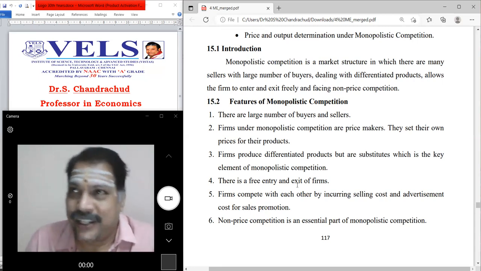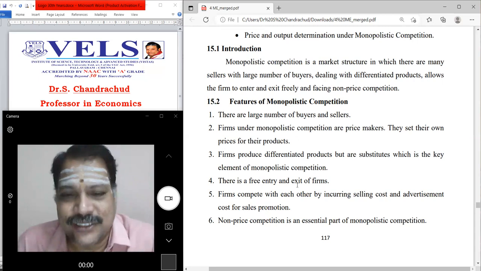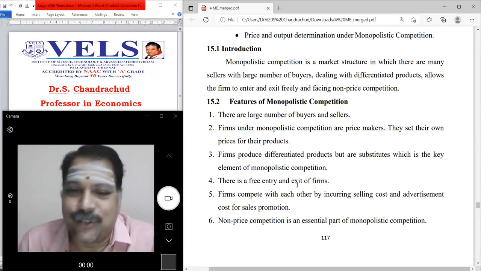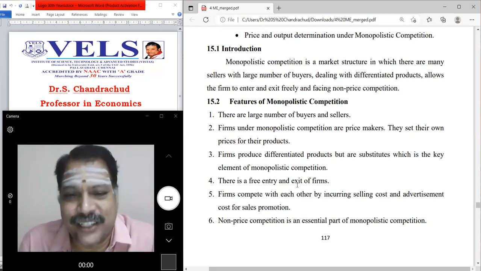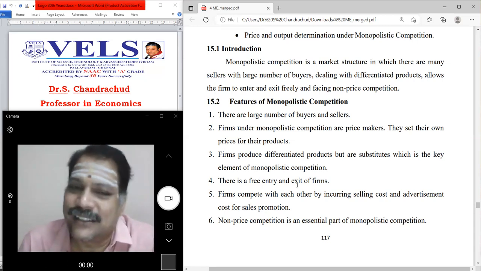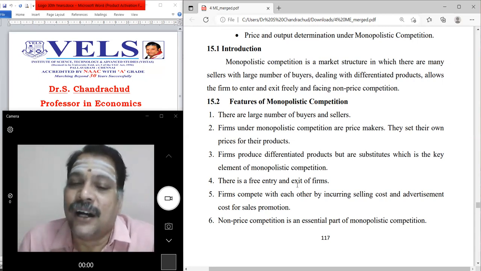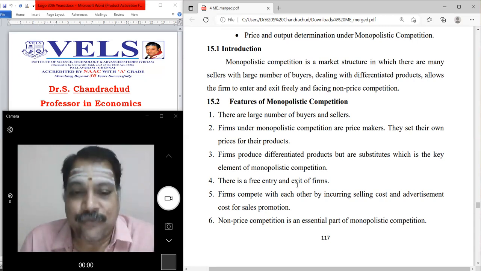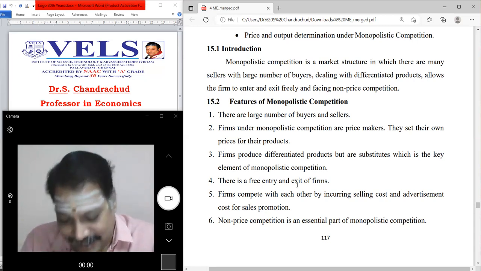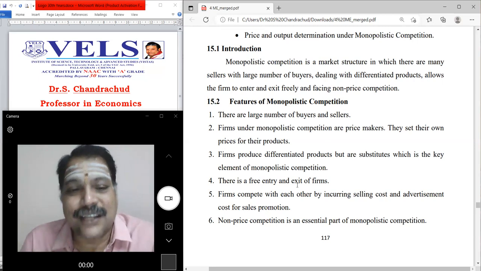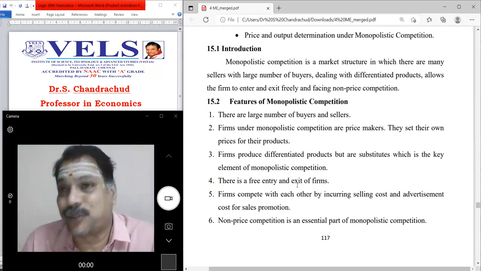Then the entry-exit status of a firm is like perfect competition. There is free entry and exit. Anybody can get into the market and they can get out of the market. The firms compete with each other by incurring selling costs and advertisement costs for sales promotion.